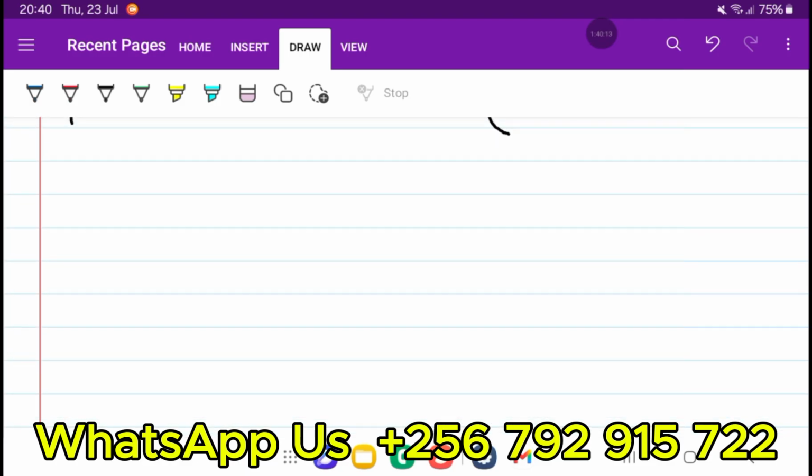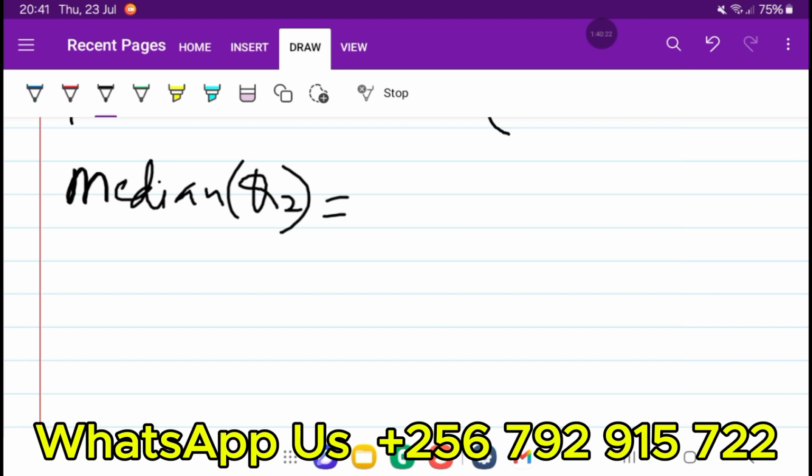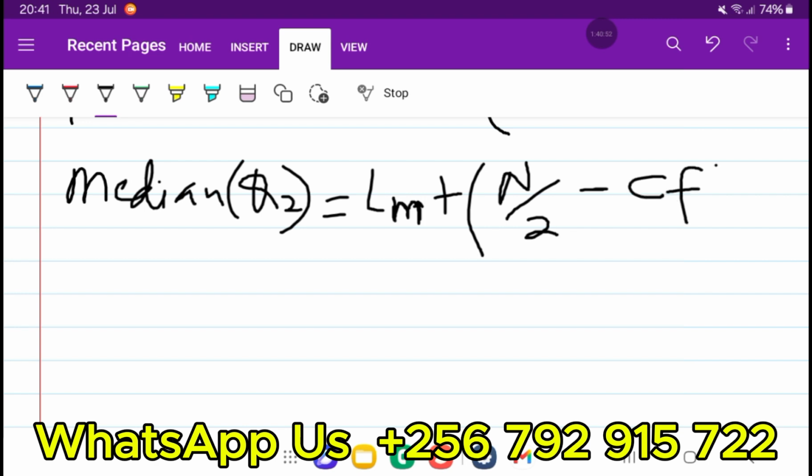Now we know that for you to compute the median, that is Q2, we said the median is going to be the LM plus, we open bracket, n over 2. Other people use a half times n, but it is the same thing like saying n over 2 minus cumulative frequency before.